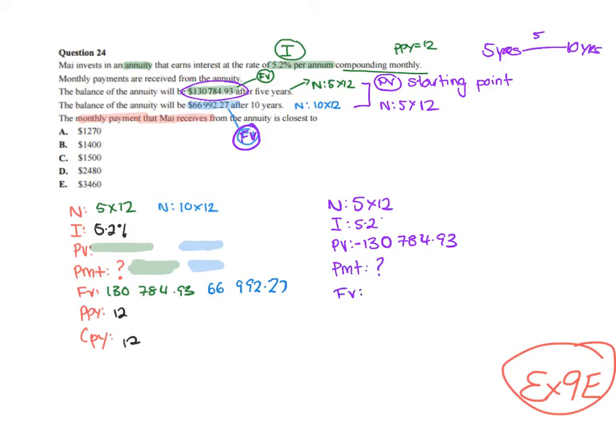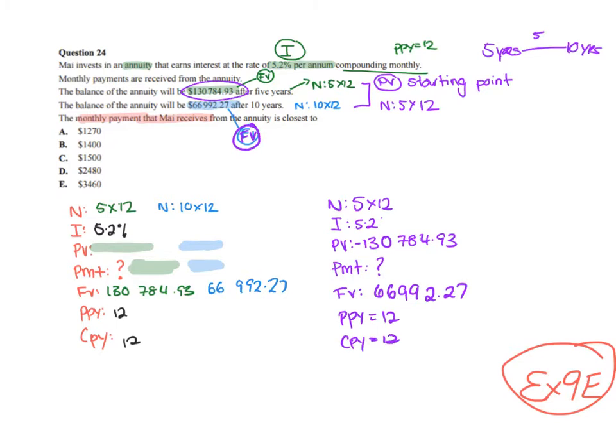Now FV will be what the value is after that extra 5 years, which would be the 10th year value, which is 66,992.27. Now that's a positive number because the bank needs to give me back my money. So that's positive, and PPY equals 12, and CPY is 12.